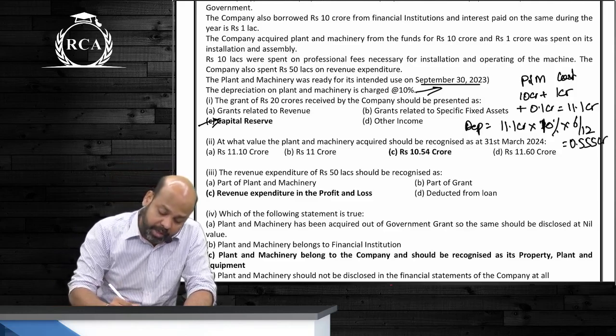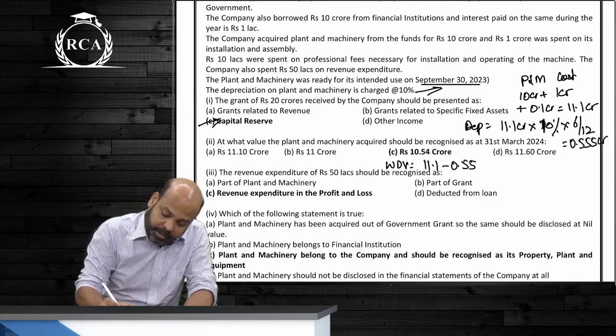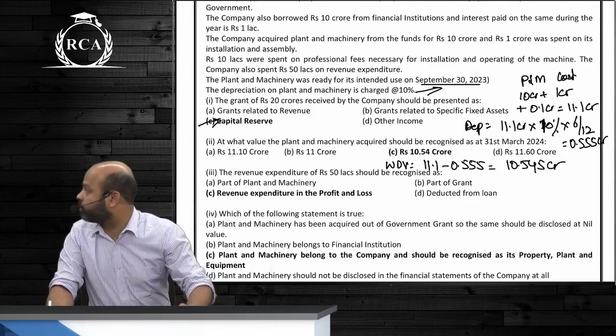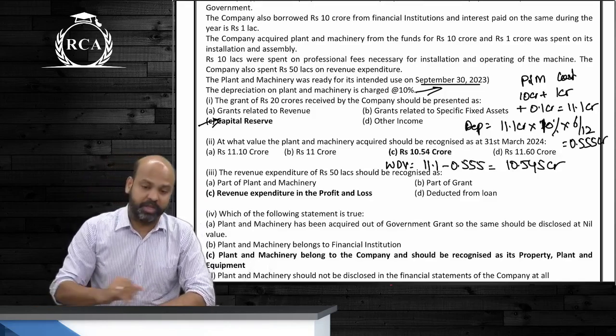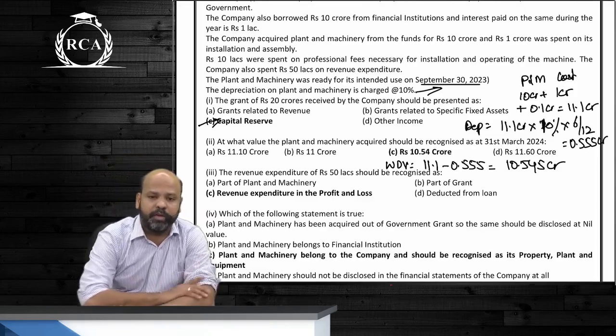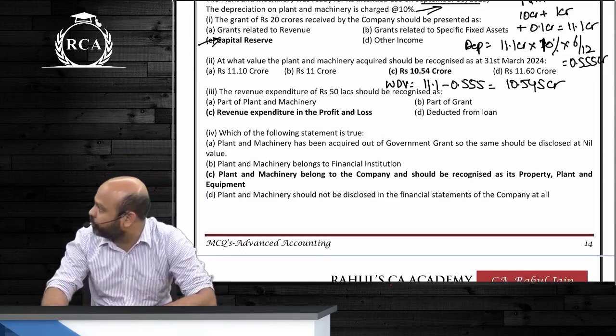So what will be the written down value? 11.1 minus 0.555, which is 10.545 crores. The total cost is 11.1 crore, depreciation is 0.555 crores, and written down value will be 10.545 crores.